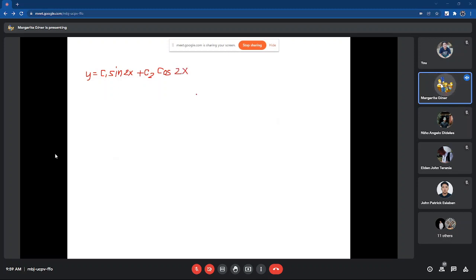And then your function is y double prime, meaning to say second derivative, plus 4y is equals to 0. Okay? So, let's say this is your equation.